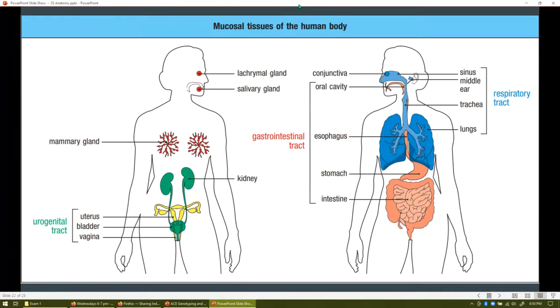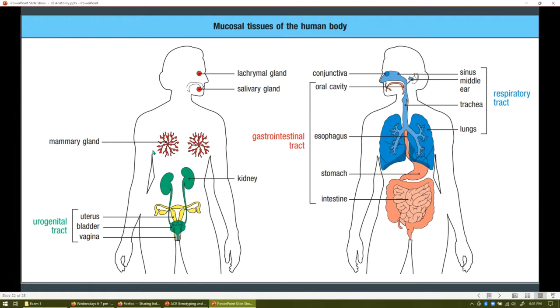This is a list of all the mucosal tissues of the human body, just in case you get them confused. It's sort of self-explanatory. If the tissue makes mucus, it's a mucosal tissue, but that includes some surprising things. The kidneys make mucus and are considered mucosal tissues. They're part of the urogenital tract.